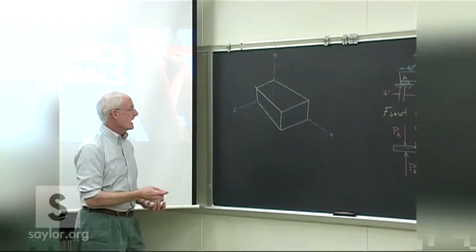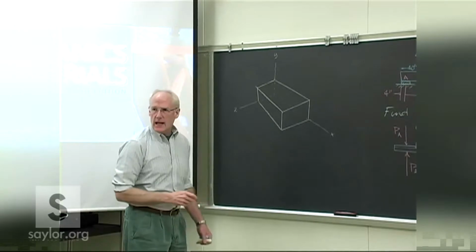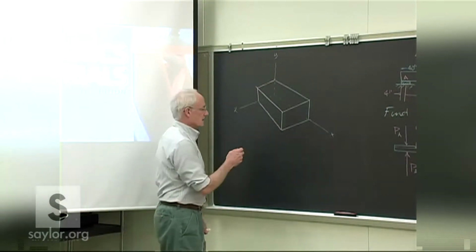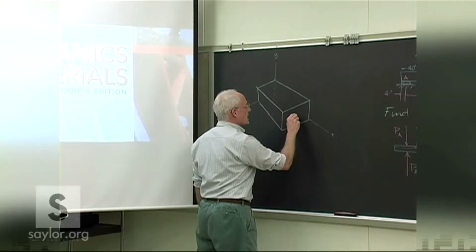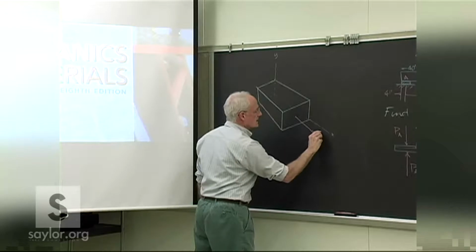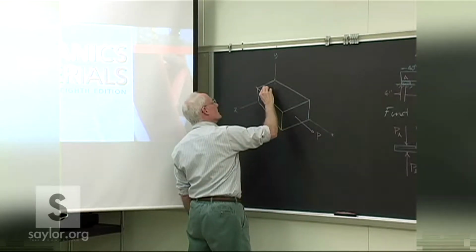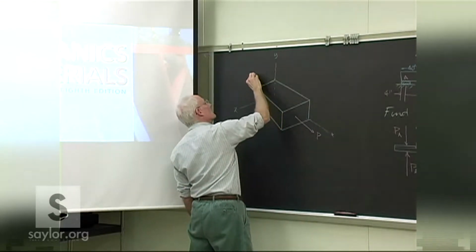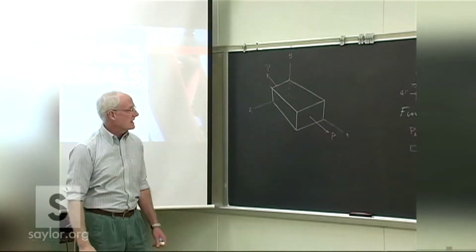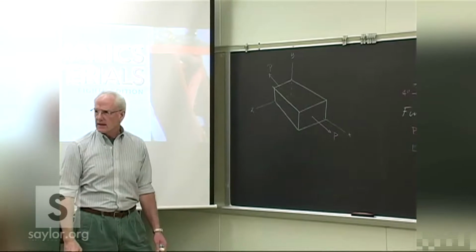Whether that's the entire beam or just an elemental piece of it is immaterial, because what we're worried about is the response to those loads that are applied. So imagine then an axial load is applied to this piece.